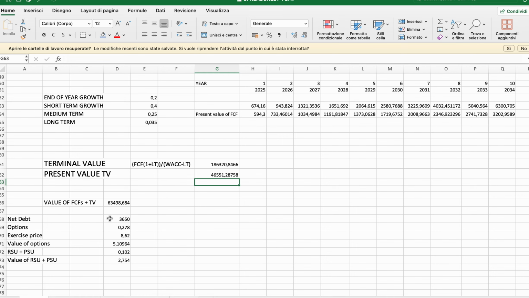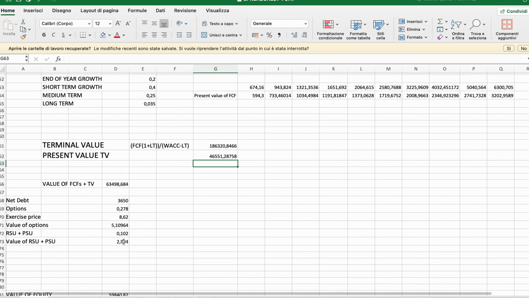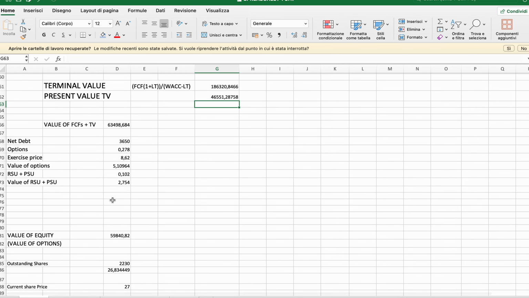Then we subtract the debt, and we take out the expenses that are not yet realized but could possibly dilute our equity, such as options to the management and restricted stock units and performance stock units. That's also a bonus for the management, for the employees, and so on. So you have to take that into account.